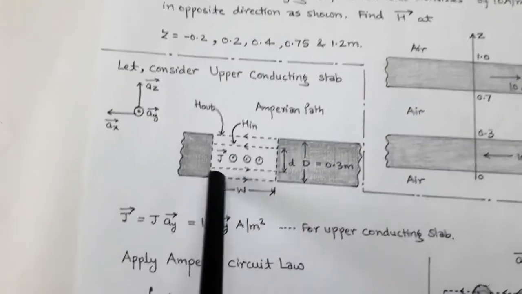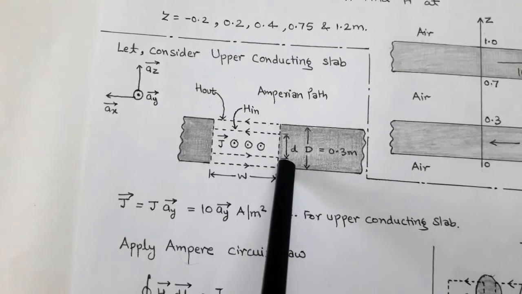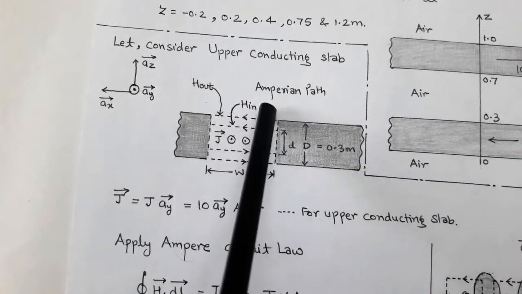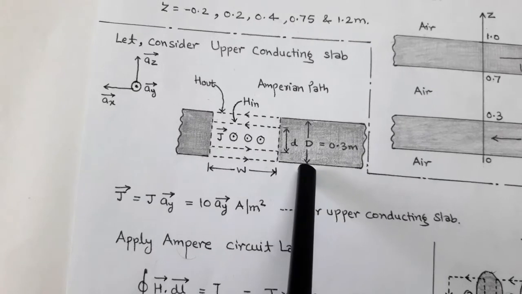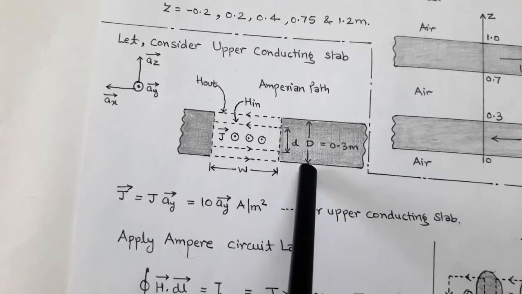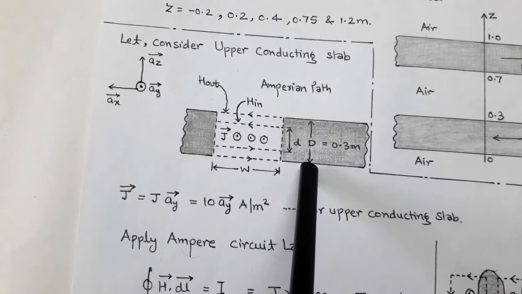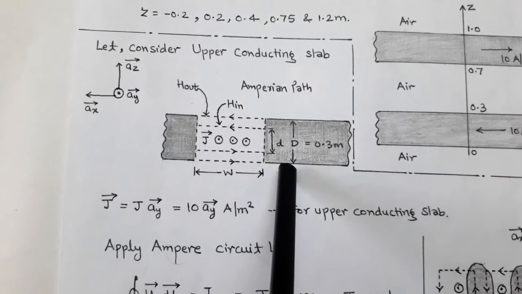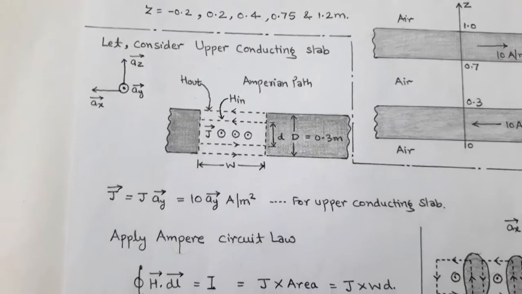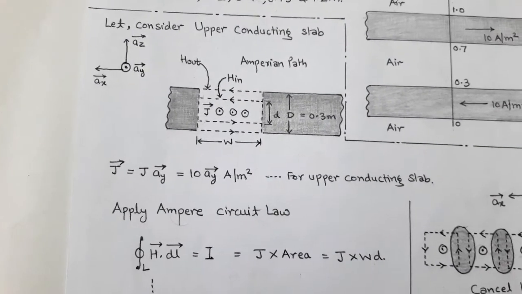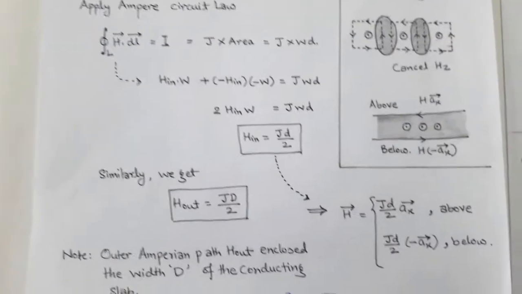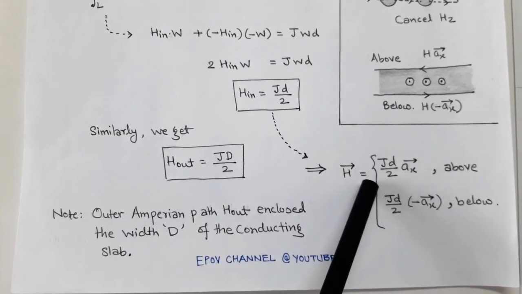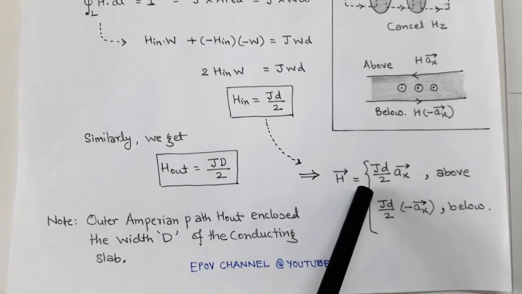Inside the slab we take a height or width small d, but when we take the outer Amperian path, that outer Amperian path encloses the conducting slab only. So we take a width or height, that is capital D. So we can write the magnetic field intensity H vector for the upper conducting slab.